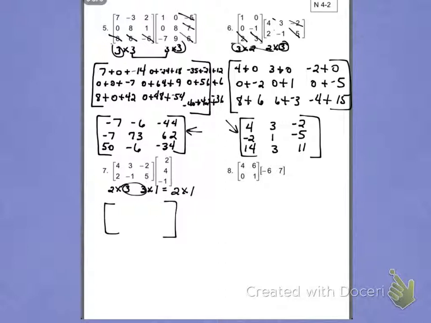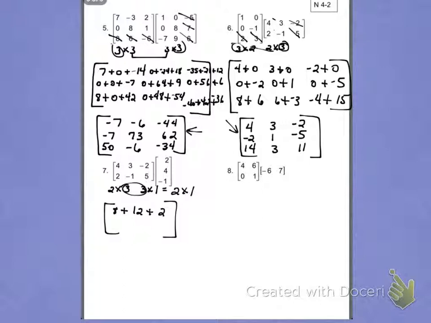Let's go through and do our multiplication. We have 4 times 2 is 8, plus 3 times 4 is 12, plus negative 2 times negative 1 is 2. That's our first row times our only column. Now we have to do the second row times that column.